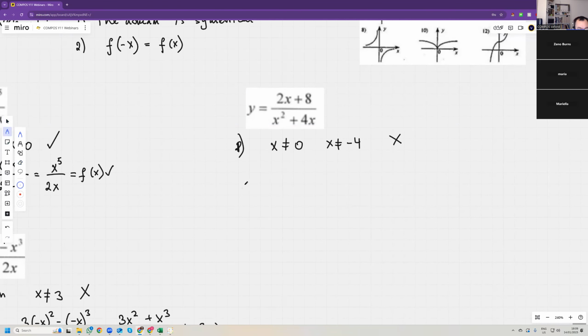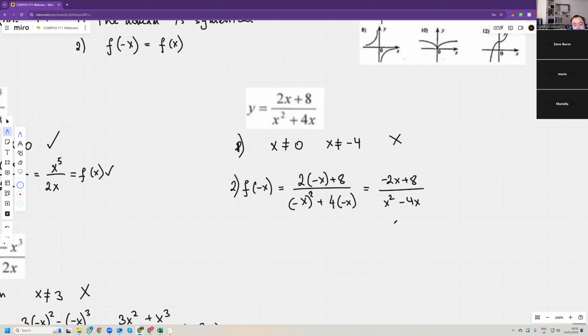But interestingly, if I do f of minus x, if I substitute 2 multiplied by minus x plus 8 over minus x squared plus 4 times minus x, so that's minus 2x plus 8, over x squared minus 4x.